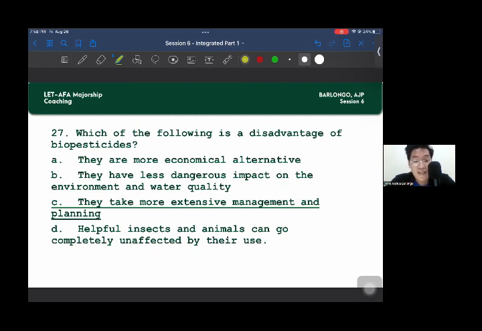And on the bright side naman, in using biopesticides, they are more economical. Kasi, karaniwan ng mga biopesticides that we have, for example, fermented fruit juice, or oriental herb nutrient. Sa oriental herb nutrient, meron yung garlic, meron din yung sili.